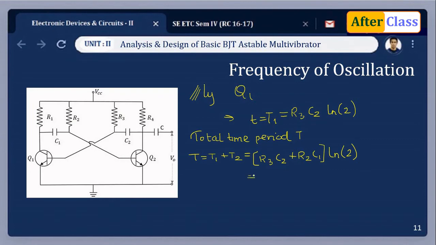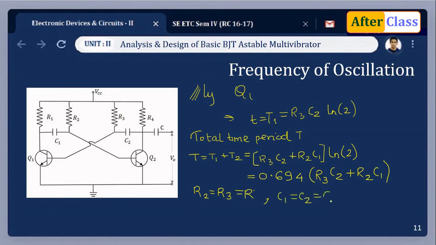So it is 0.694 into R3 C2 plus R2 C1. If we consider R2 equals R3 equals R and C1 equals C2 equals C.